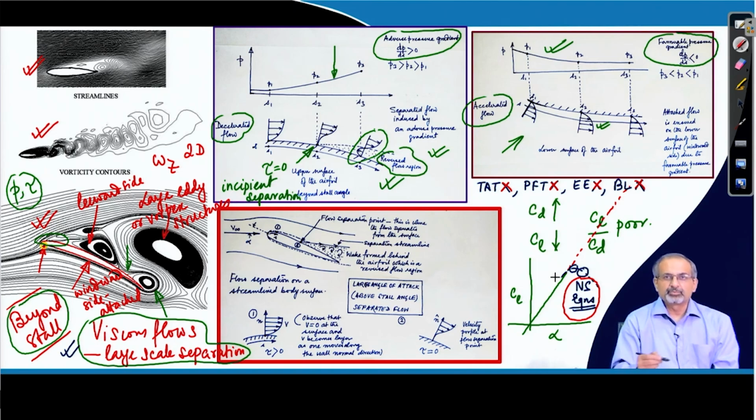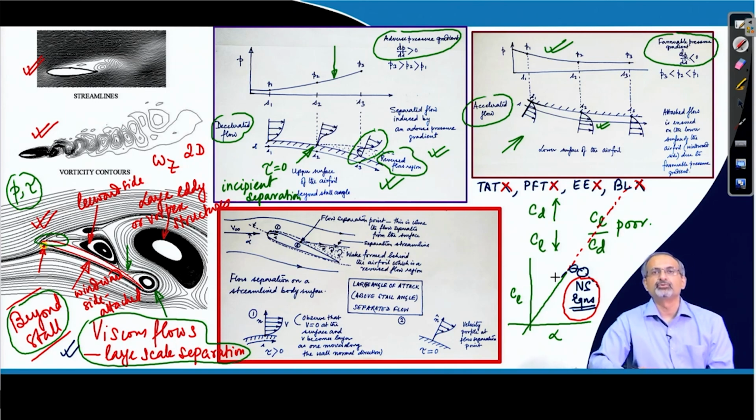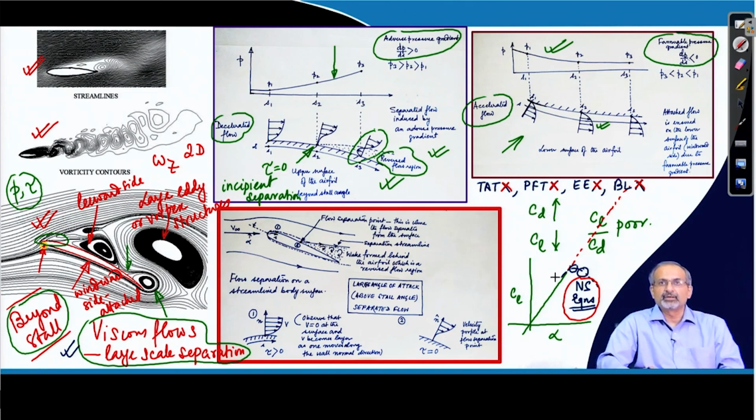So, this is the thought process that one has to go through before taking up a flow problem and trying to compute it. There is a lot of physics behind it, there is a lot of understanding of the theory behind all this, the physical phenomena, and only then can you get into the computations and then think about how to solve the set of partial differential equations which represent the flow field using your model of approximation.